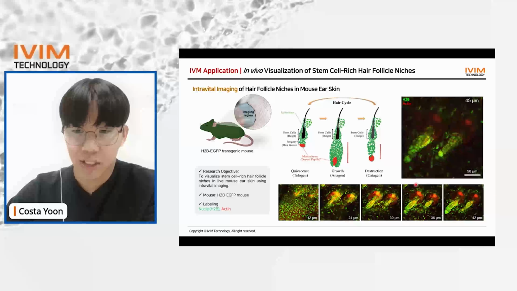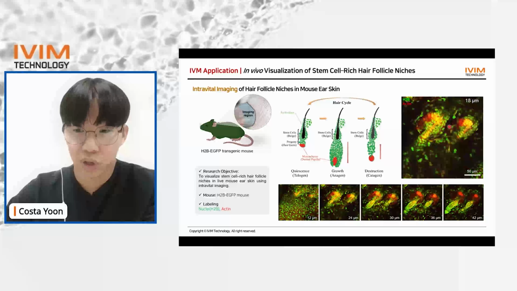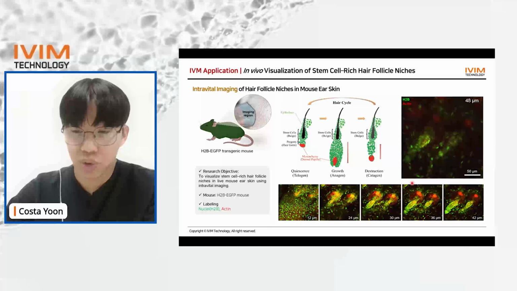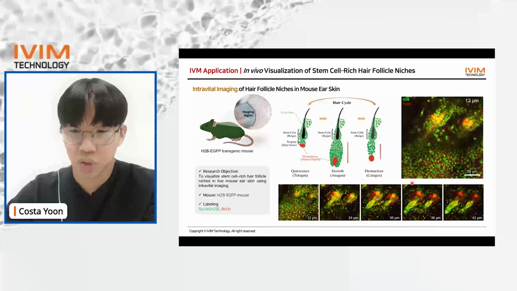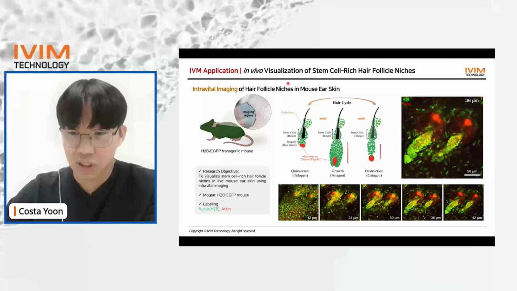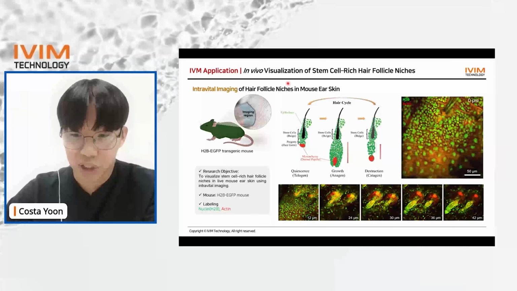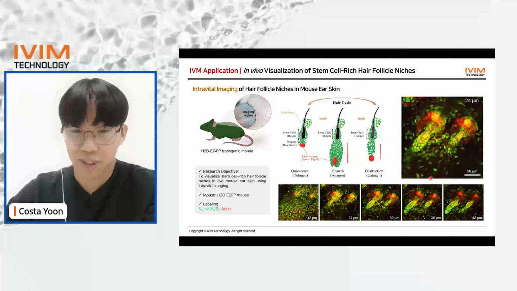Alopecia areata is caused by abnormal immune response directed against the hair follicle. By combining the approach with the immune cell labeling strategies shown earlier, the platform could be used to simultaneously evaluate immune cell infiltration around the follicles and changes in the follicular stem cell niche.